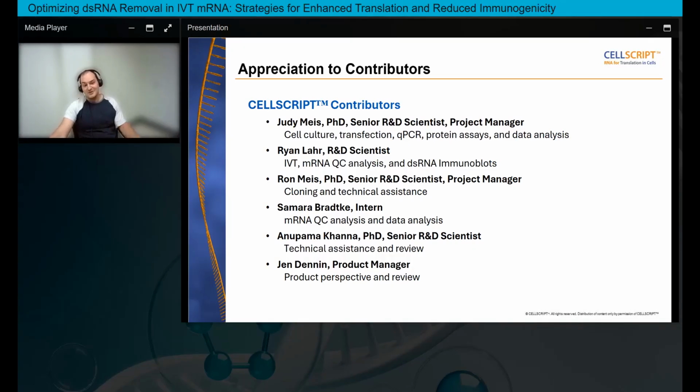So I'm just the presenter, but there's a lot of people who did a lot of great work here, including work that goes above and beyond this presentation. Judy and Ryan, especially, handled a lot of the actual data that was generated, with Judy doing so much cell culture and transfection and qPCR, and Ryan doing a lot of immunoblots.